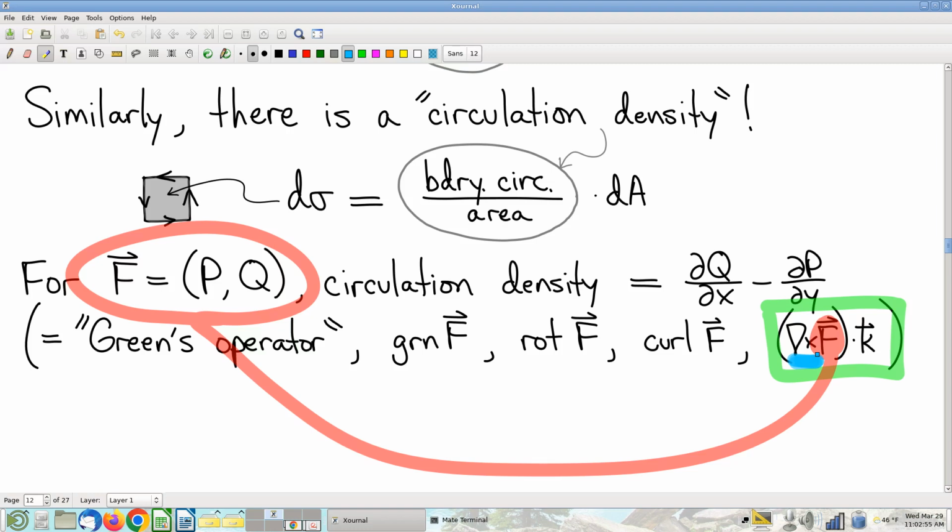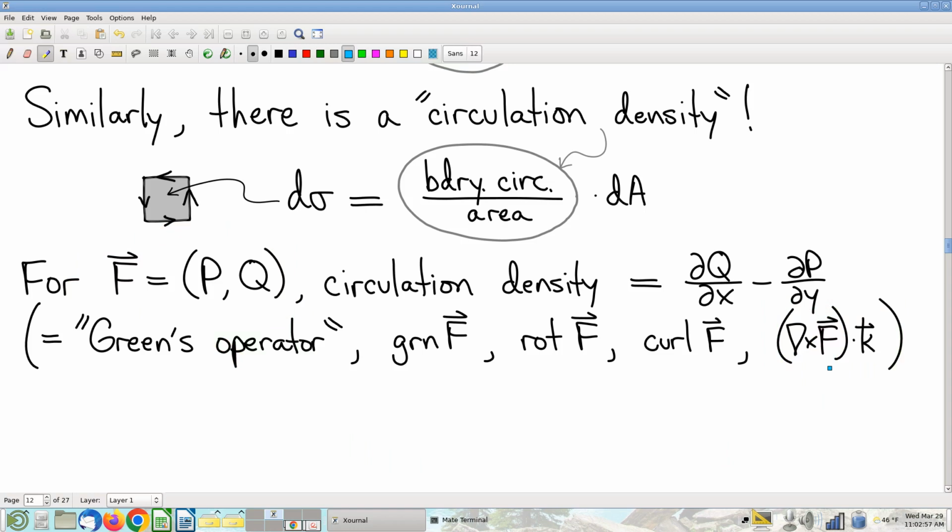Now, I know where the notation comes from. That's kind of sort of the formula for curl, so you can kind of see how it might be motivated. But this just rubs me too wrong, and I don't like this notation. You're going to see it's in the book. It's in our textbook. So I can't tell you you can't use it, but I can tell you I really don't like it. And I encourage you to distance yourself from this one.